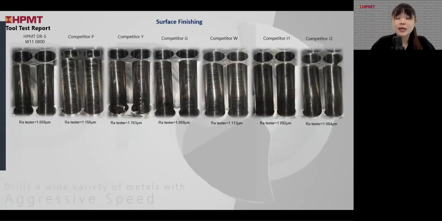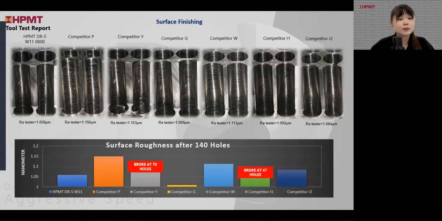Okay, so here is another criterion that we take into consideration to check the performance, which is the surface finishing. You can see from here, right? This is all the cutting surface where we took the workpiece and cut it in half to see what the inner side shows.